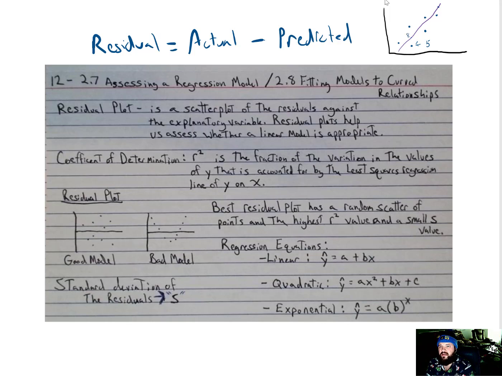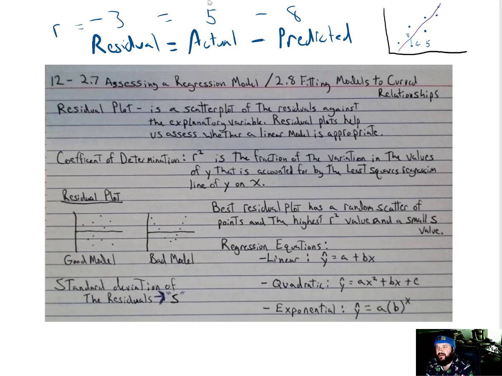So to find the residual, in other words, the distance between the least squares regression line and the actual point: our actual point was 5, our predicted was 8. Therefore, the residual is -3.